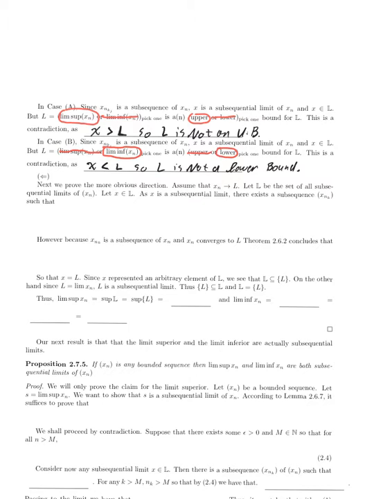So, let's do it. Since x is in blackboard bold L, x is a subsequential limit, so there exists some subsequence x sub n sub k such that x sub n sub k converges to x.